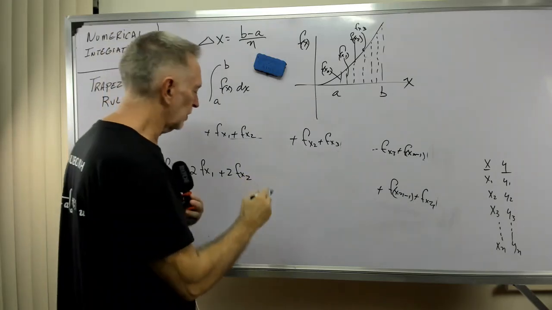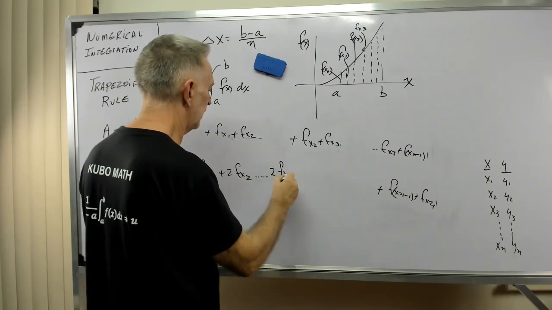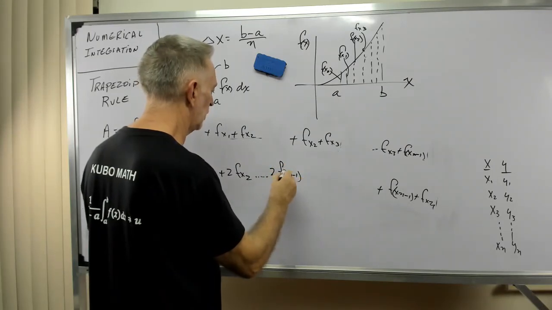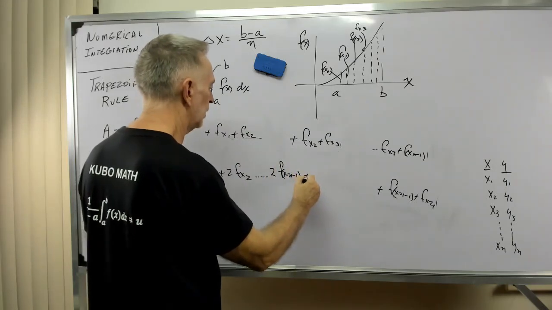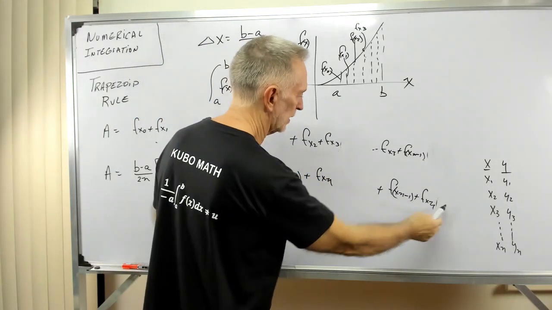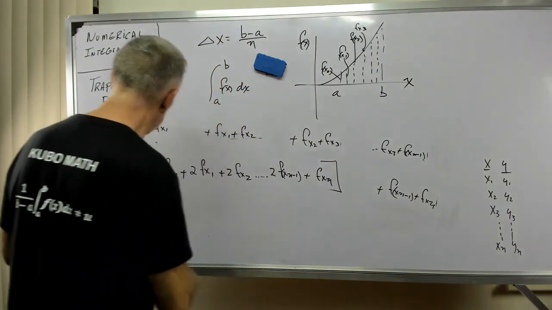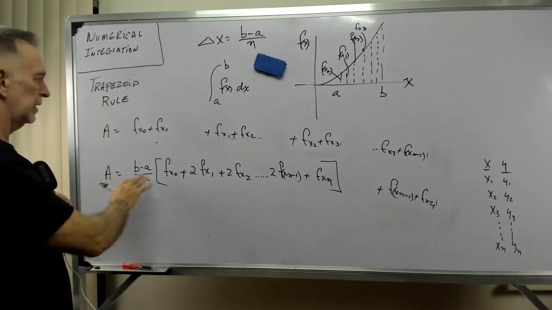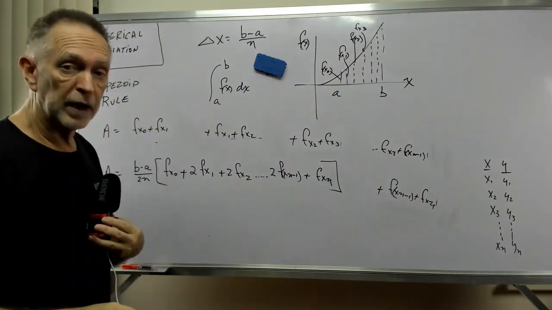And that's going to happen all the way down to f of x sub n minus 1 plus f of x sub n. You'll notice when I got to the end, I didn't have another one of those. That, my friend, is the area under that curve calculated numerically.